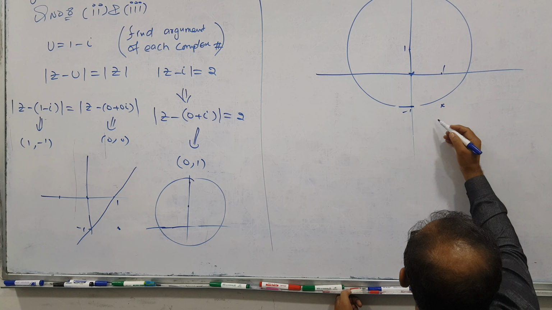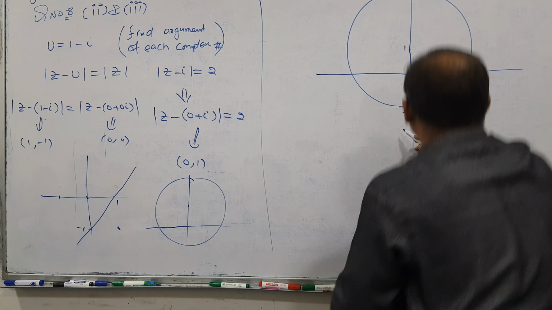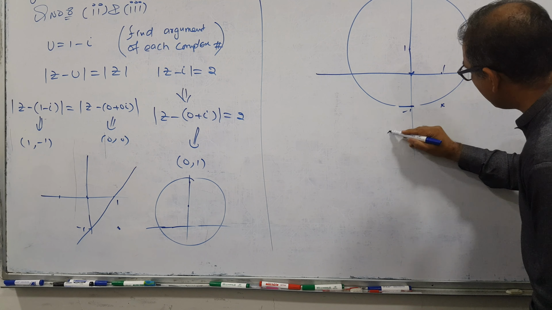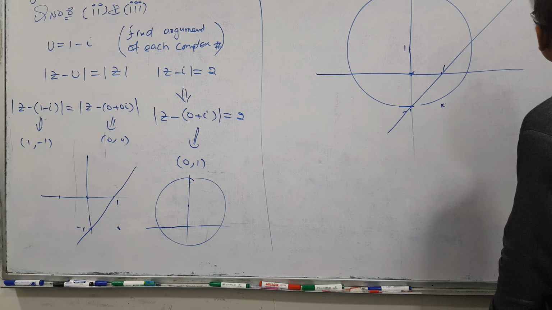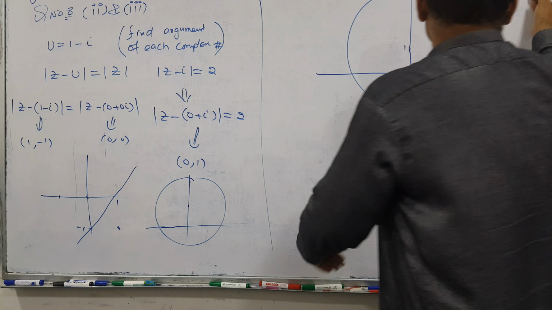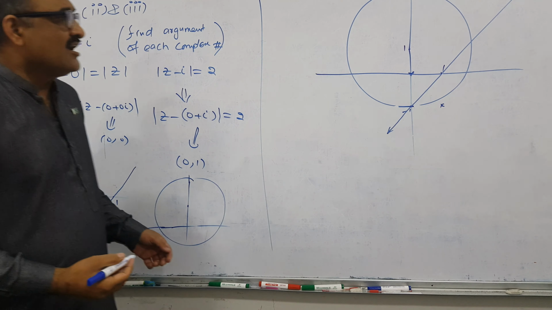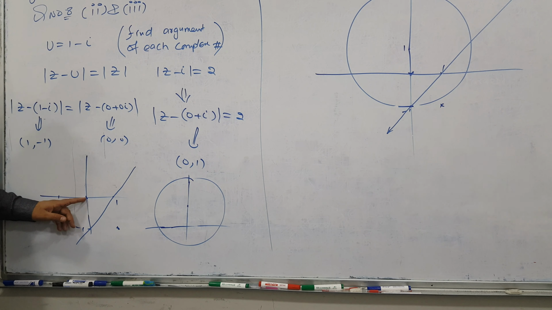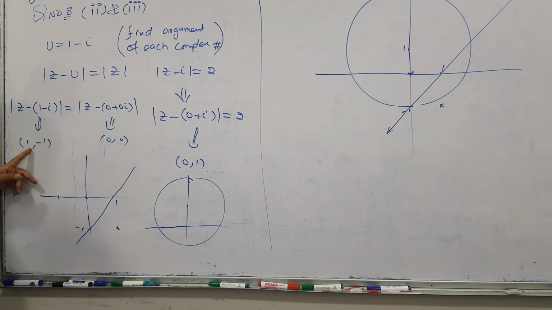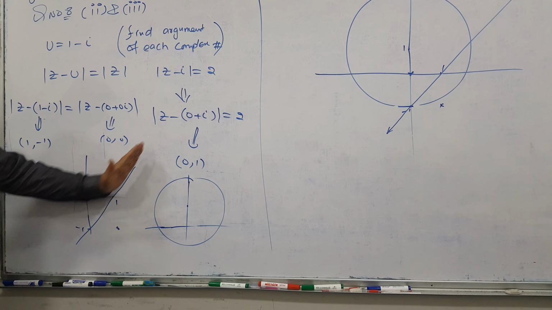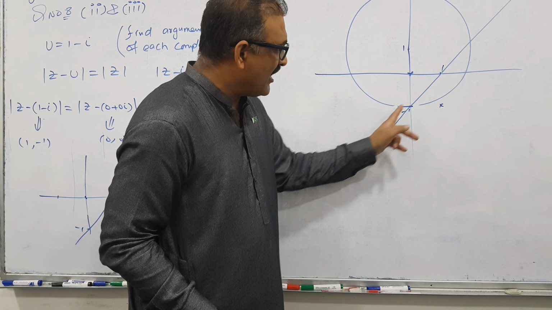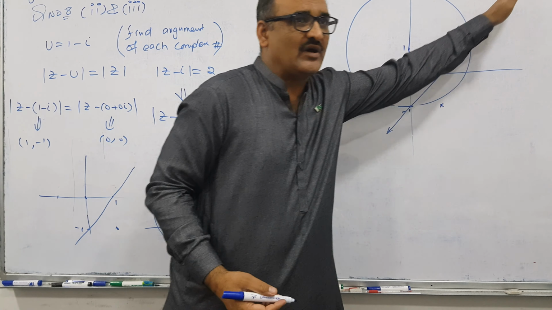When I draw the perpendicular bisector, it will go through the middle of 0, 0 and 1, minus 1. So this is very clear.